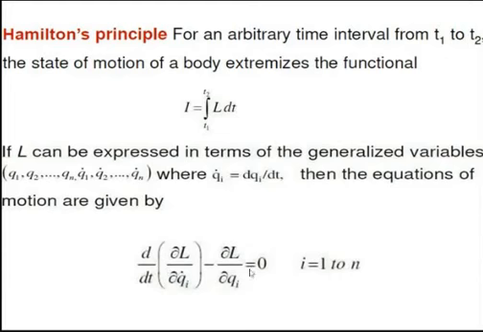Here it is partial differentiation, where i goes from 1 to n. So they will ask you to find out the equation of motion. That time we are going to use this Hamilton's principle to find the equation.